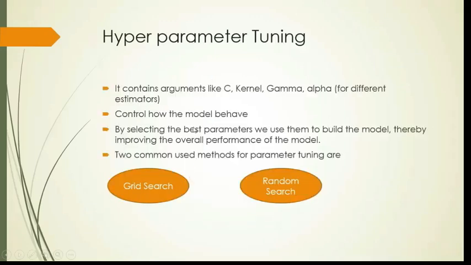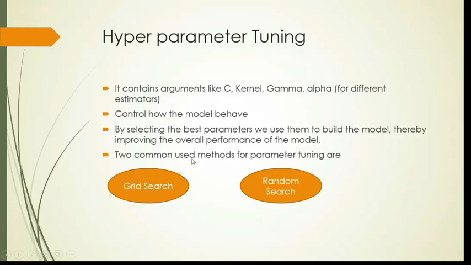Hyperparameters control how the model behaves, and they include arguments like C, kernel, gamma, alpha for different estimators, which we'll see. We select the best parameters and use them to build the model, so this improves the overall performance of the model.